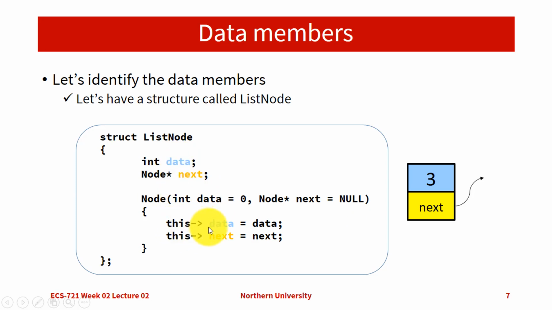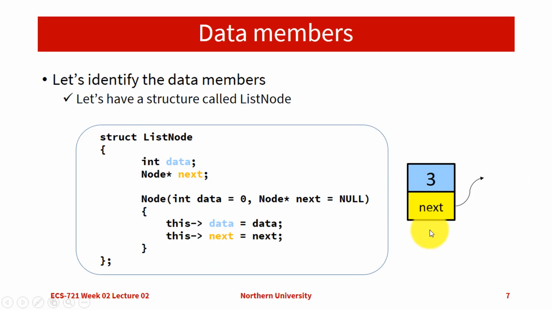So this arrow data means that we are talking about the member of this particular ListNode. That's why I have color coded them so that you know which is a data member and which is a local parameter. The local parameters are to the right of the assignment, and the members of the ListNode are to the left of the assignment.